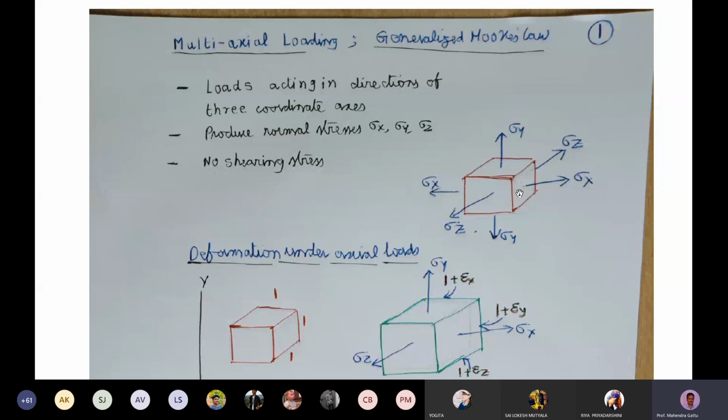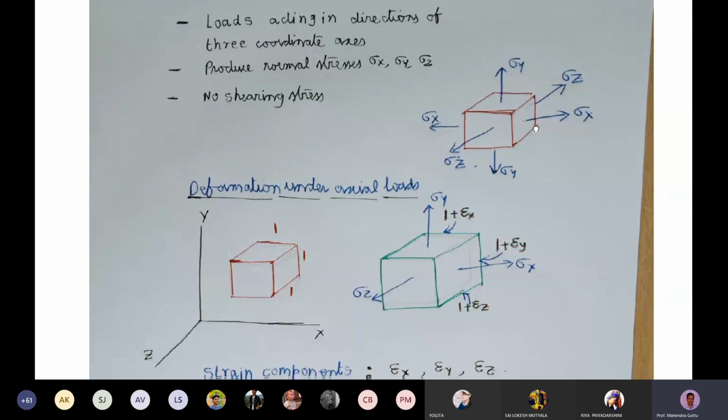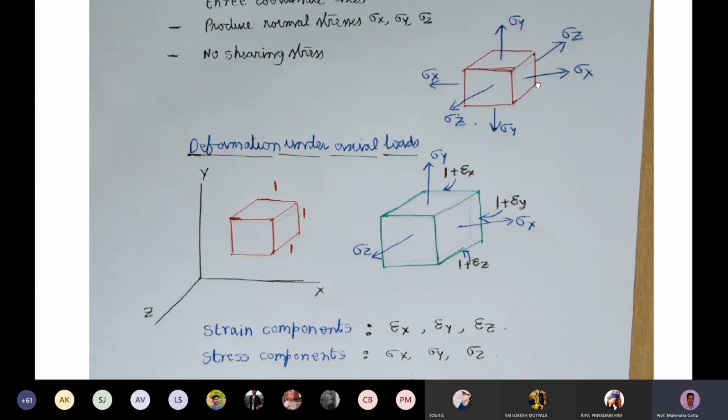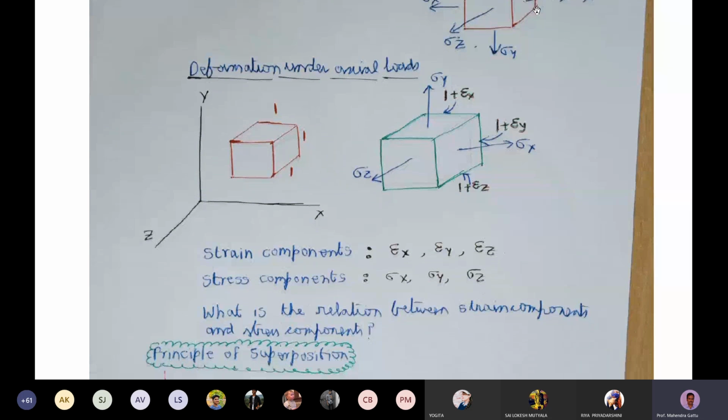So this is a multi-axial loading scenario, and what are we interested in? We are interested in what deformations are produced in this stress element under the action of these normal stresses. So how do you calculate these deformations? We'll use the principle of superposition, but before that, we'll look at the actual deformations.